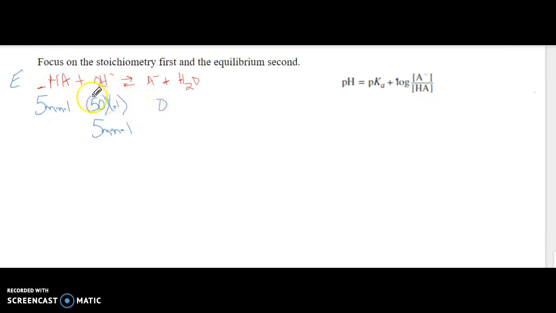For section E, again, same thing. We're doing stoichiometry first. So my original 5 millimoles, 50 times 0.1 is 5 millimoles. So this is my equivalence point. I've gotten nothing on these, and a total of 5 millimoles here. So we now have another equilibrium. So this is the base equilibrium.